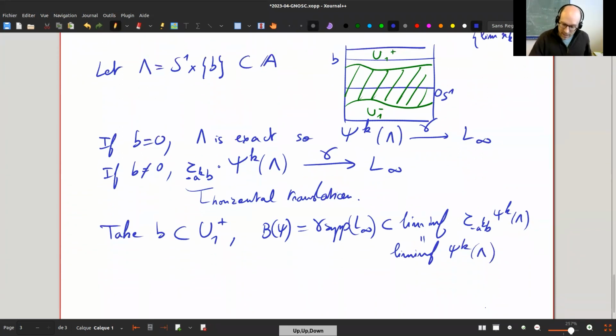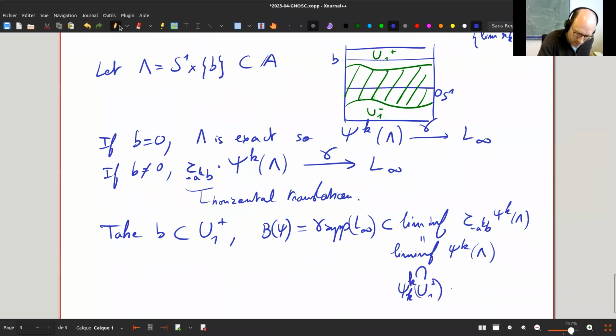And this thing is included in psi k of U1 plus, which is what I denoted U k plus earlier.